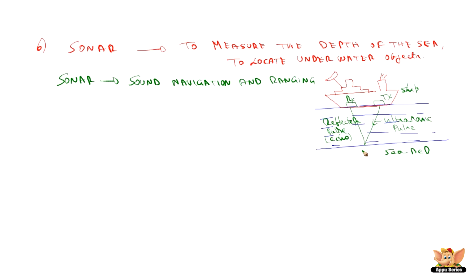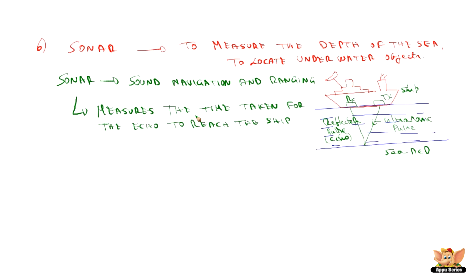So what does the sonar do? Sonar measures the time taken for the echo to reach the ship. Let us say this time taken is t. Then t/2 gives us the time from ship to the object.